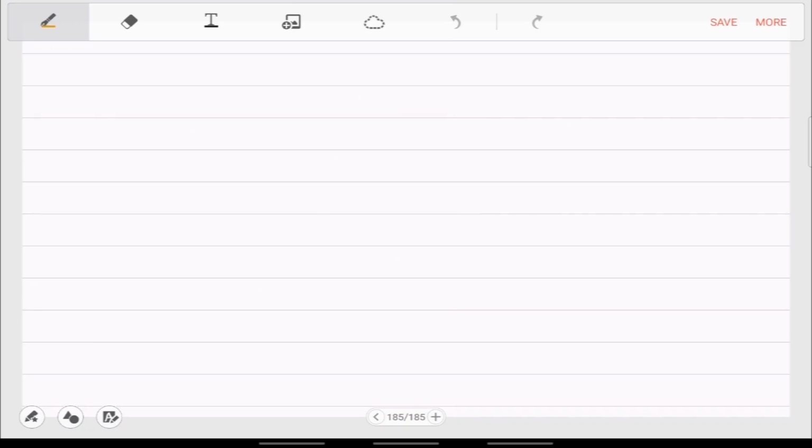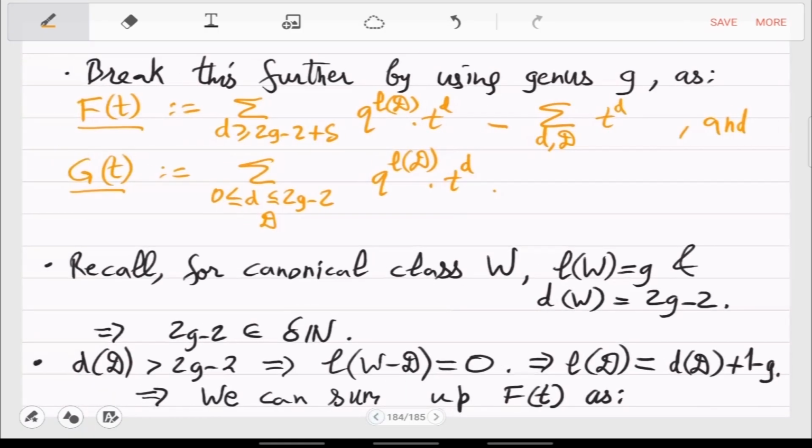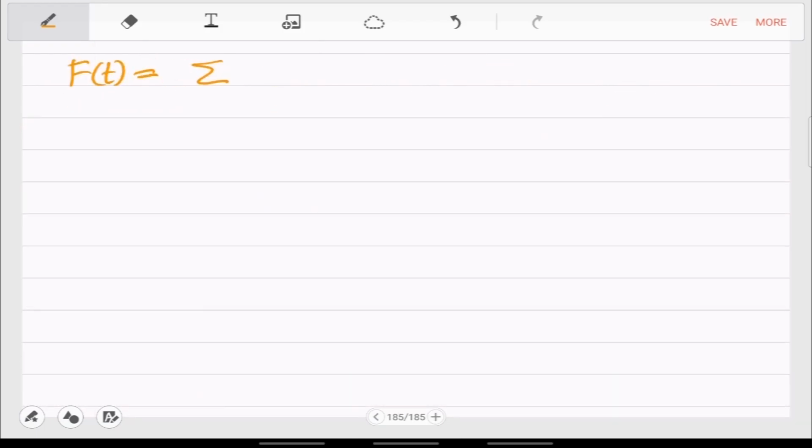So Ft is equal to, sorry, there is always this d hanging around, fancy d. So we have to go over all the degrees and all the classes. So let's use the class number formula here.